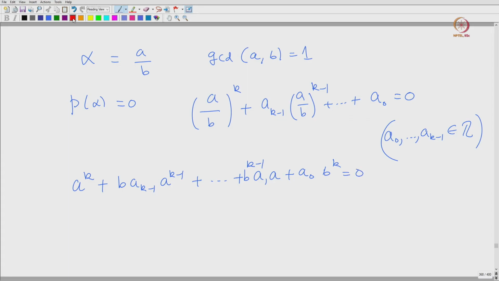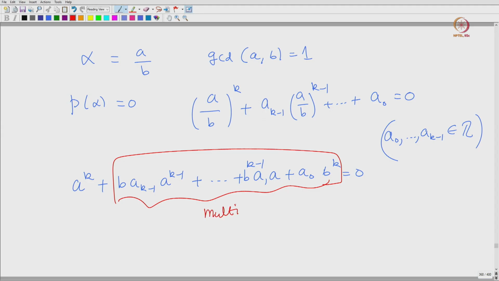Now look at the terms here. Every term other than the first has b in it, so this is indeed a multiple of b. That means b divides minus a to the power k. But since GCD of a and b is 1, this would never happen unless b is plus or minus 1.